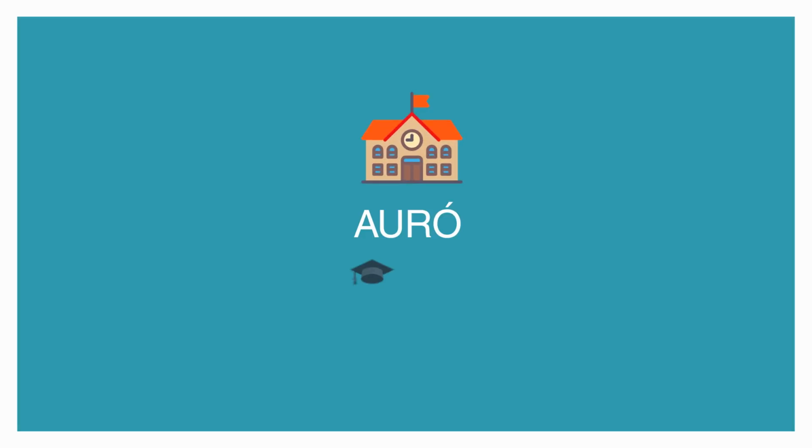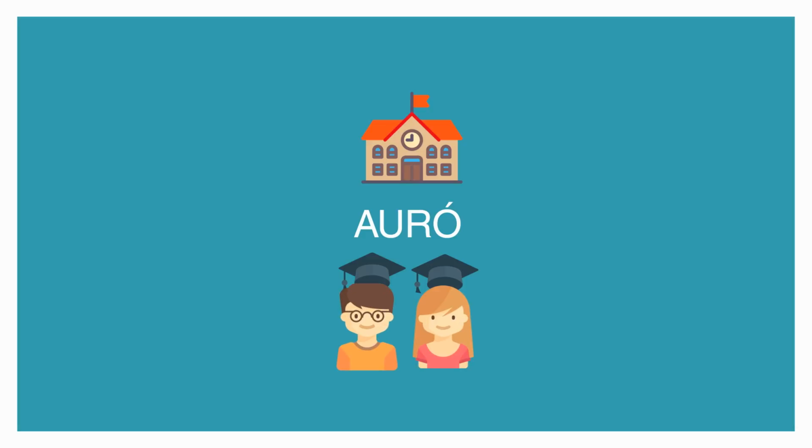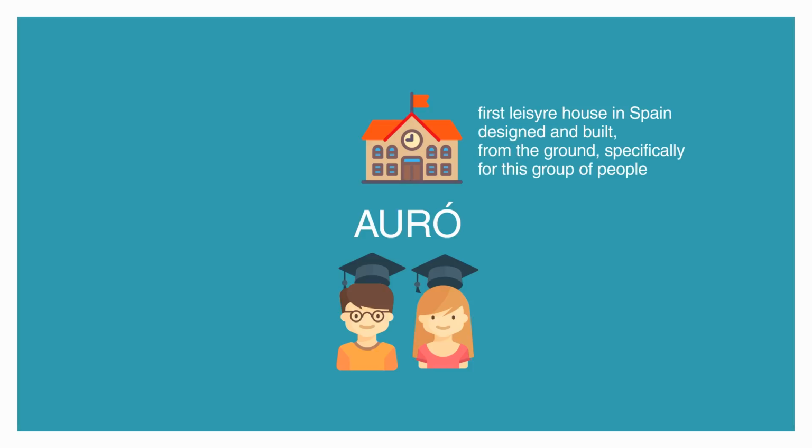We'll see now the case of a social business called Lauro, a farm school whose mission is to provide educational and leisure spaces for children and young people with special educational needs. It is the first leisure house in Spain designed and built from the ground up specifically for this group of people.